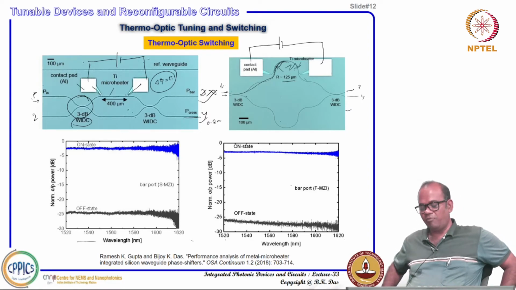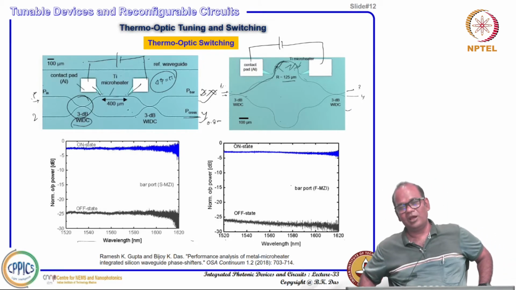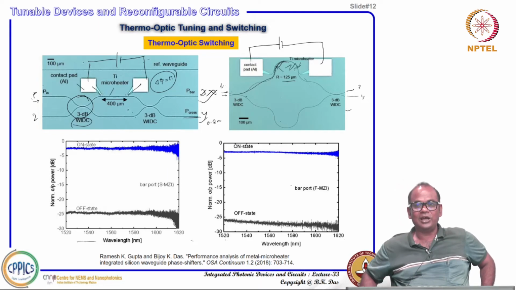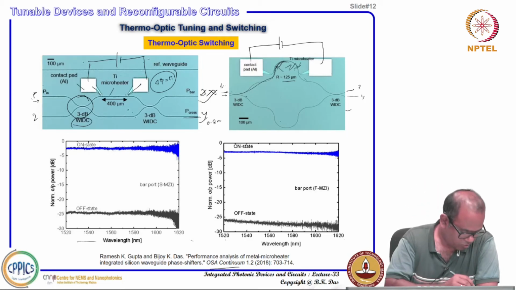So, using a thermo-optic phase shifter integrated with a balanced Mach Zehnder interferometer, designed with a 3 dB power splitter which is wavelength independent, it can be used for a very broadband integrated optical switch. That has been demonstrated and we have published it here. If you are interested, you can download this paper and read it, it is explained in detail there. Fine.